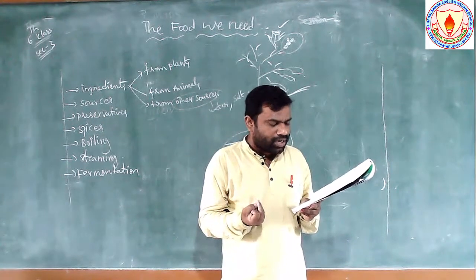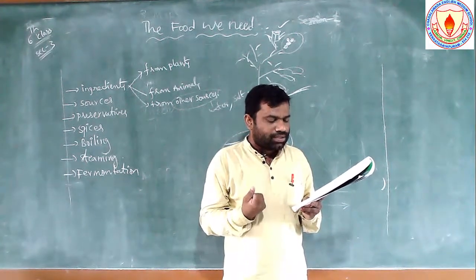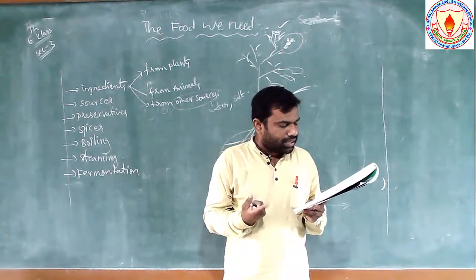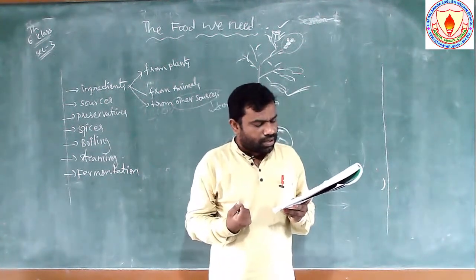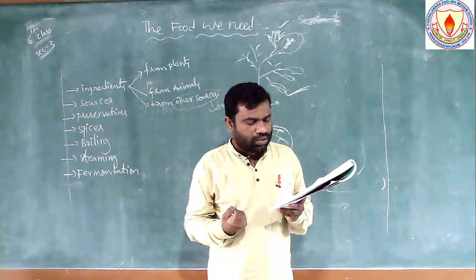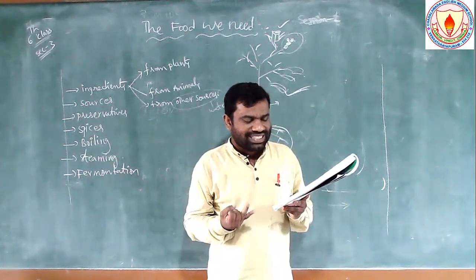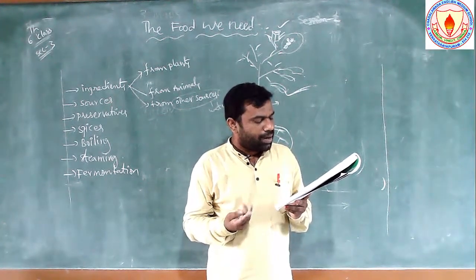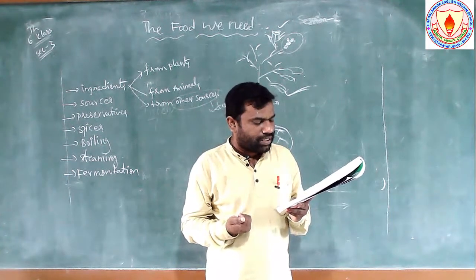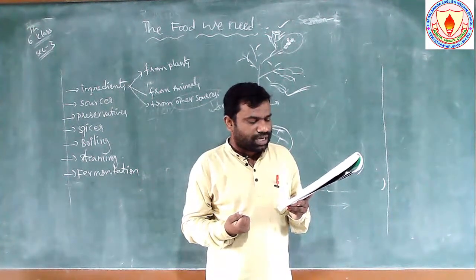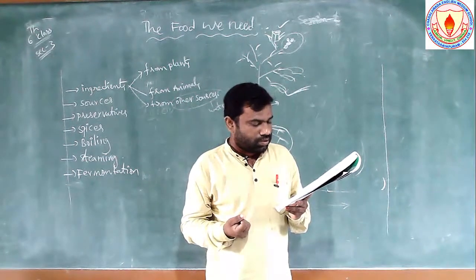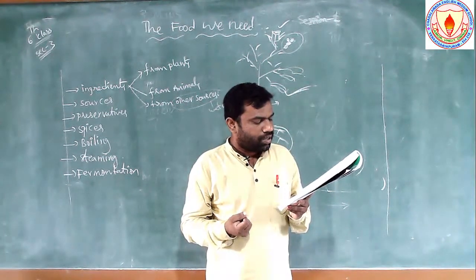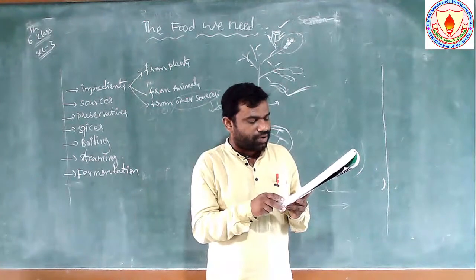Stems like sugarcane, onion, garlic, turmeric, ginger, etc. are also used in the preparation of food. Although leaves, roots, seeds and fruits of plants are widely used in the preparation of food, stems and flowers are also used. Thus we use various parts of the plants as our food.